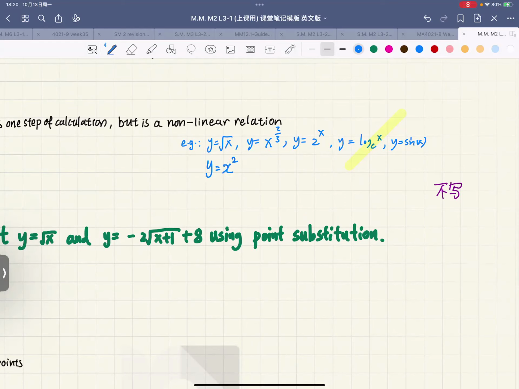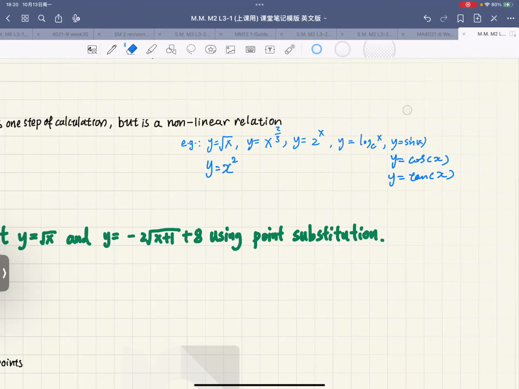That's basic graph. Or y is equal to 2 to the power of x, y is equal to log x, y is equal to sine x, or y is equal to cosine x, y is equal to tangent x. All right, that's what we call basic graph.